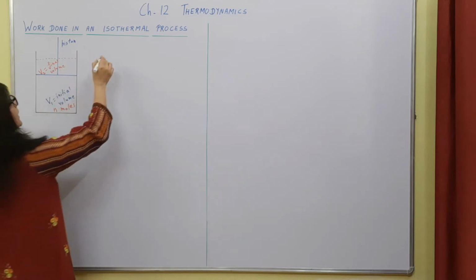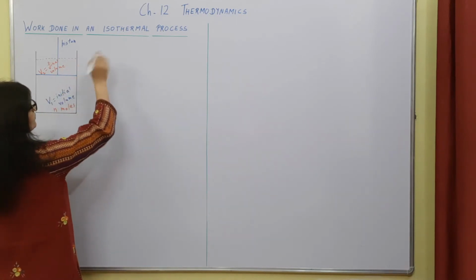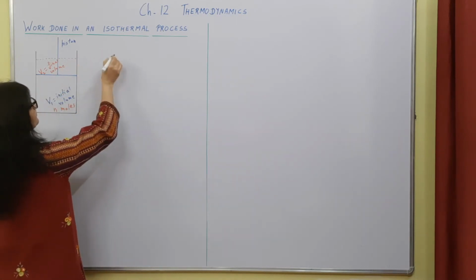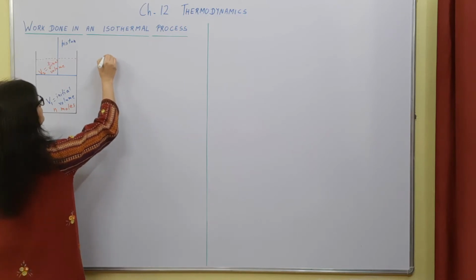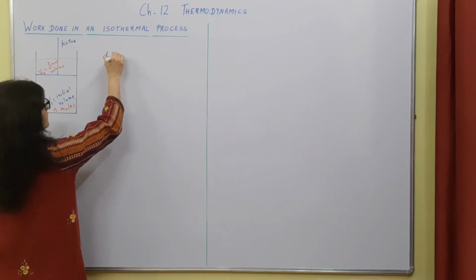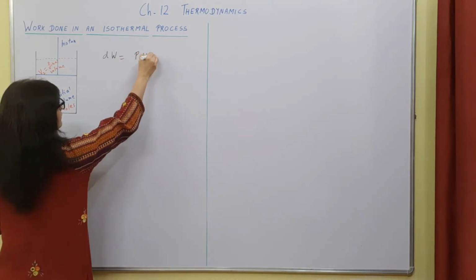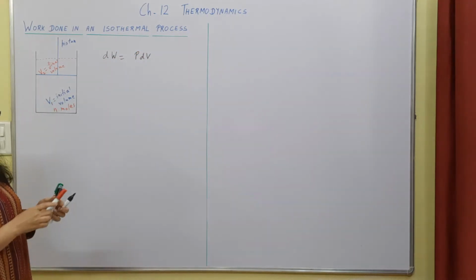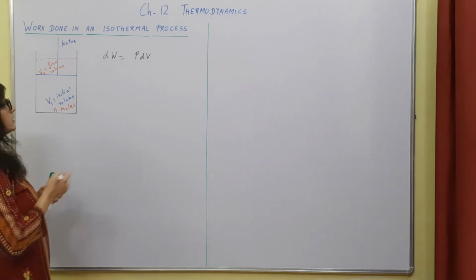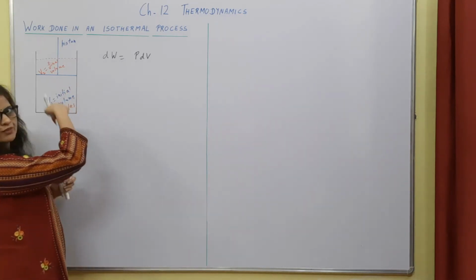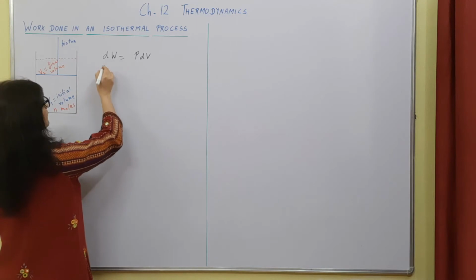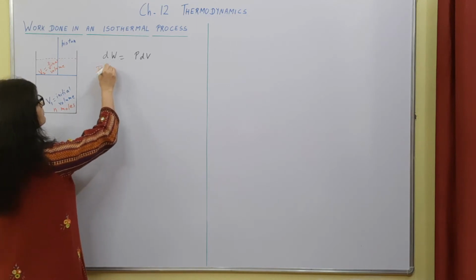We know that work done is equal to P delta V. So dW can be written as P dV. And if we have to find the total work done during its expansion from V1 to V2 volume, then we can integrate it.